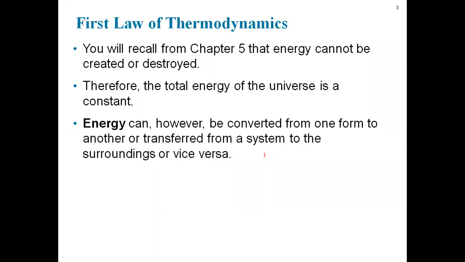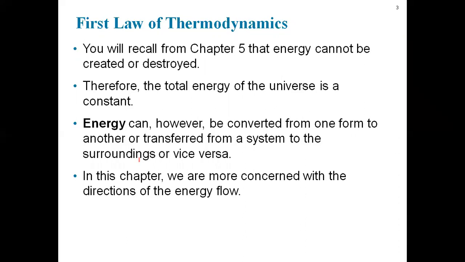We learned in chapter 5 what a system and a surrounding are. A system is something you want to study. Surroundings are everything else besides what you want to study.